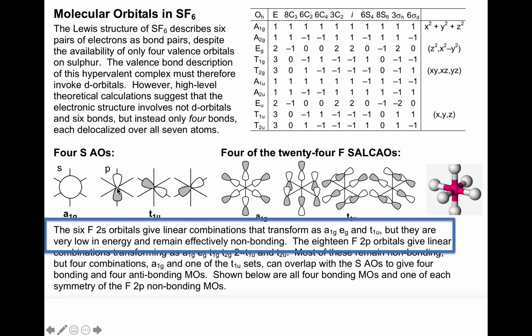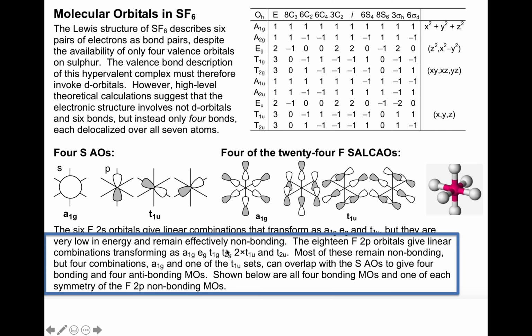So we're combining aspects of the symmetry, the shape, with the energetics. The point's made: why didn't we consider the fluorine 2s orbitals? We could consider their shape, but their energy is too low. They're effectively non-bonding. Instead, we need to consider the different arrangements for these 2p orbitals. Based on their symmetry, how do they combine with the atomic orbitals on the sulfur?